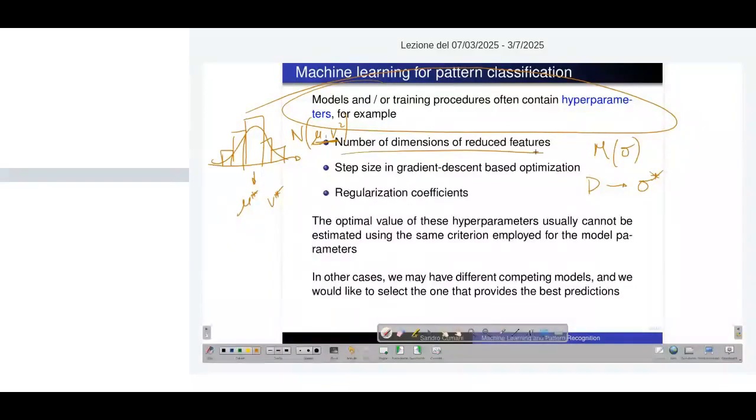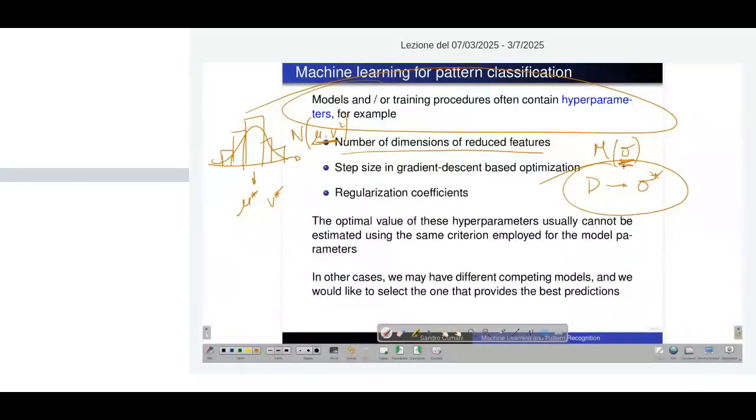Now we will see, and we will see already today, that there are some models which depend on a set of parameters that cannot be directly learned using this paradigm, in the sense that they do not behave as the model parameters themselves. Why? Because the way we learn the model parameters, we said, is through the definition of an objective function that we will optimize. So learning corresponds to optimization of an objective function.